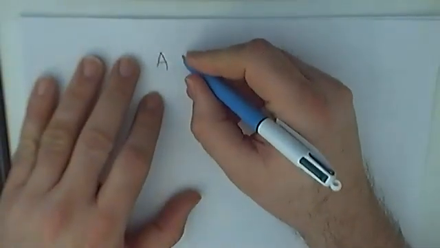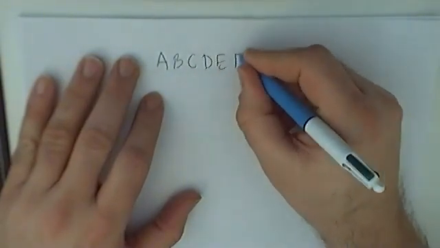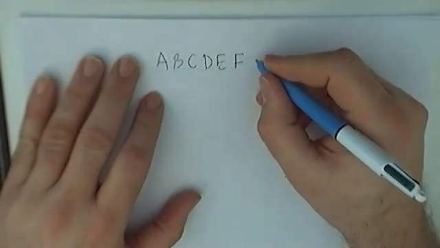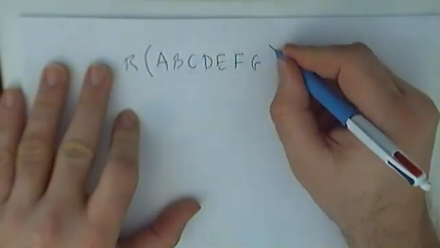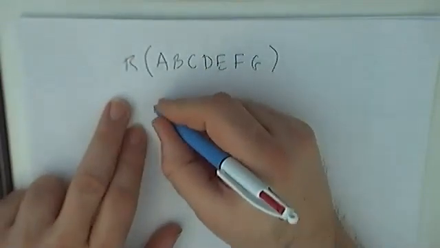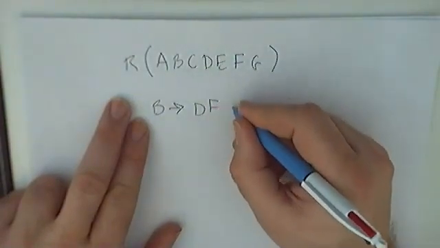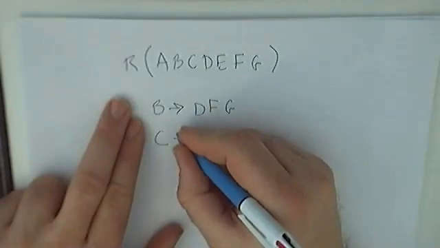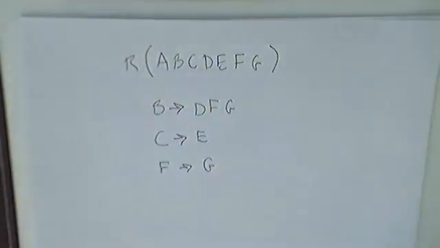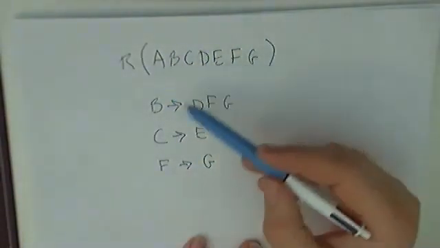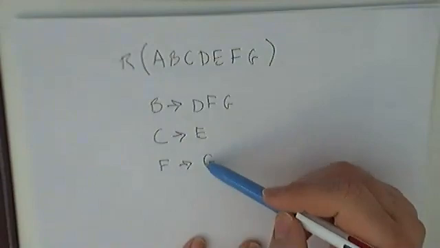We have A, B, C, D, E, F, G. And then we have B goes to D, F, G. And we have C goes to E. And we have F goes to G. So we came up with all these, and from the domain expert or somebody else, we've elicited these as the functional dependencies that govern the domain.